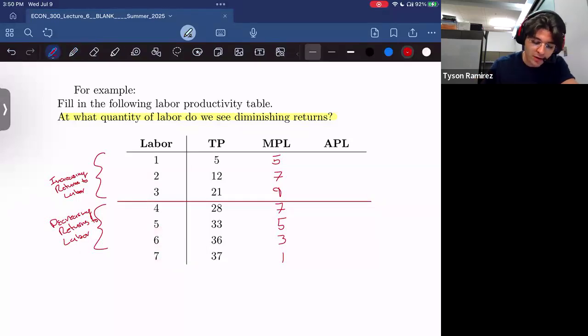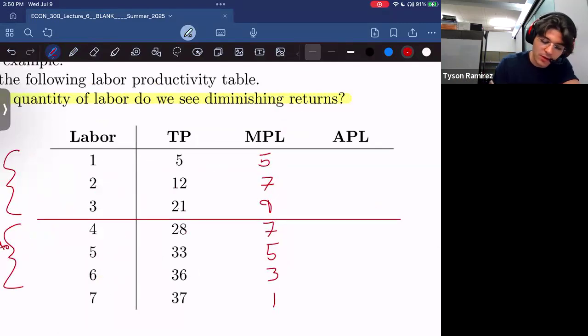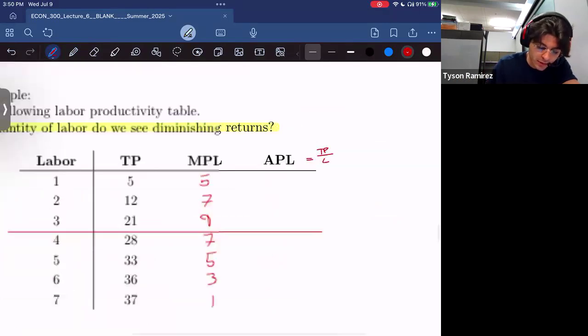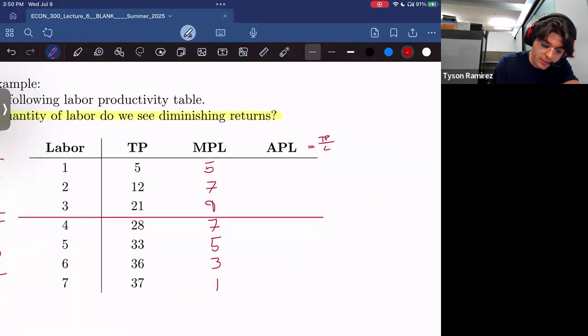And then what is our average product of labor? Remember that average product of labor is simply your total product divided by your number of laborers. So mathematically, this maps to TP divided by L. All right, so 5 divided by 1, clearly this is going to be 5.